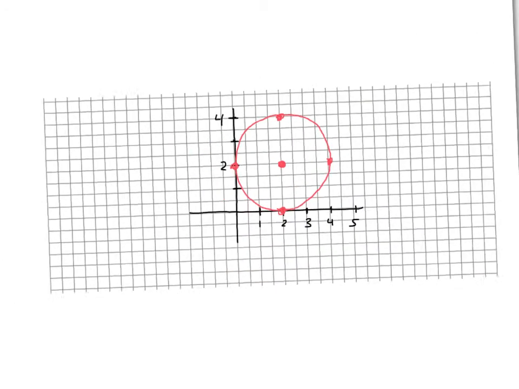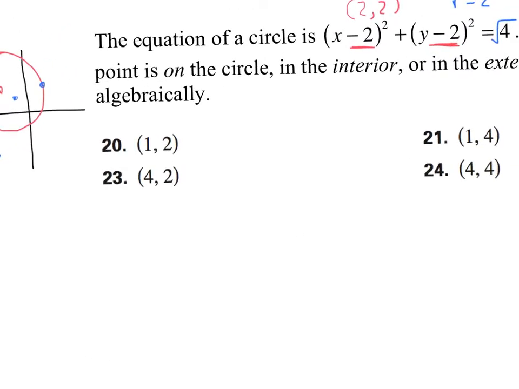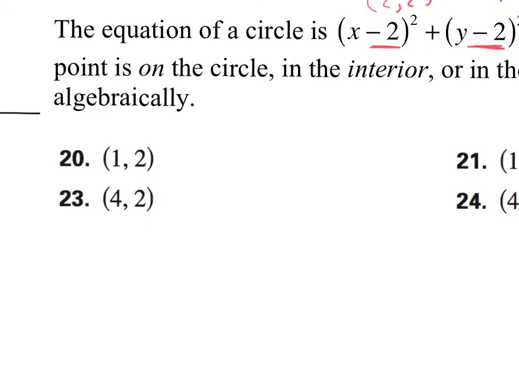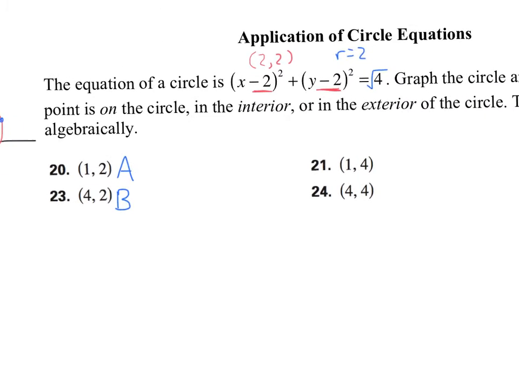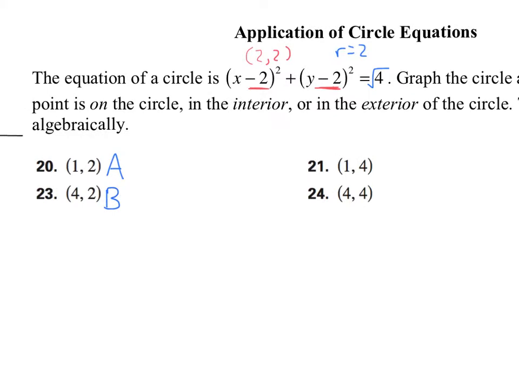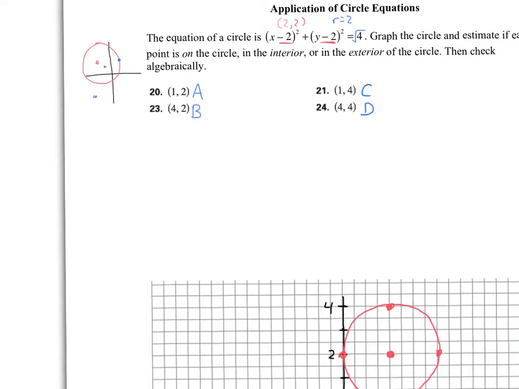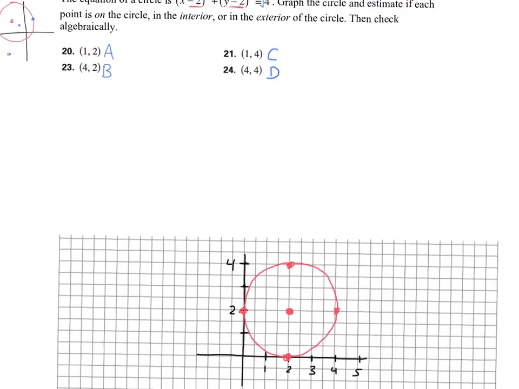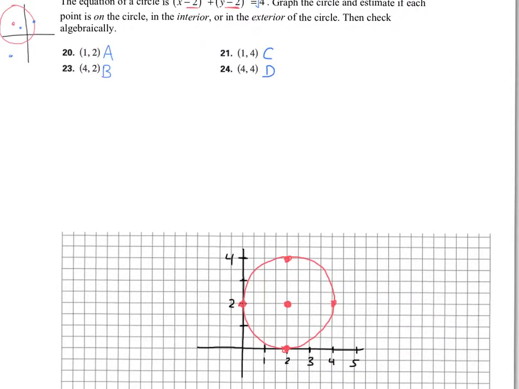All right, now each of these points aren't labeled, so let's go ahead and label them. Maybe it'll be easier to actually have letters associated with them, A, B, C, and D. In any order. And now we can go ahead and start to graph those. So where does A live? A is 1, 2, and 1, 2 is right here. So quickly I see what my answer is.